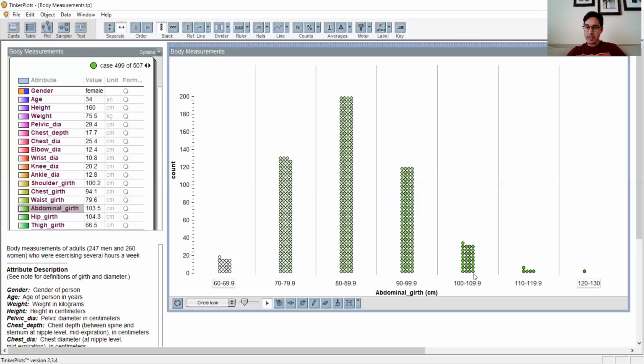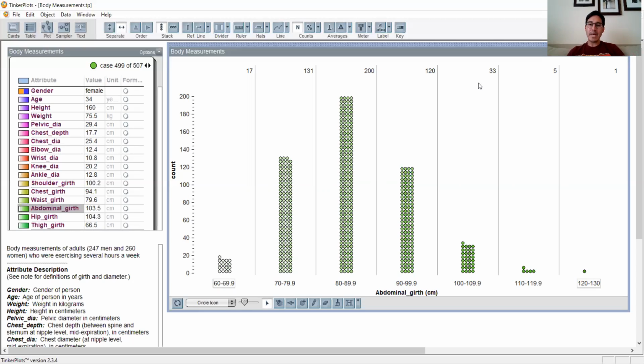It's still going to be hard to count, so let's go ahead and do this. I can click on this, and it gives me the number. So that's 33 plus 5 plus 1, so that'd be 39 people in this data set whose abdominal girth is above 100.